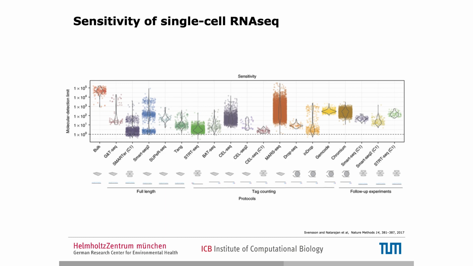These protocols have high throughput, but they're more shallow. So when you go to the right-hand side of the plot, you probably see the Chromium violin plot is like the fourth on the right-hand side. This is the 10x Genomics protocol. So we see that the molecular detection limit is about 100 molecules. So this is more of a shallow protocol, but it has a high throughput advantage.